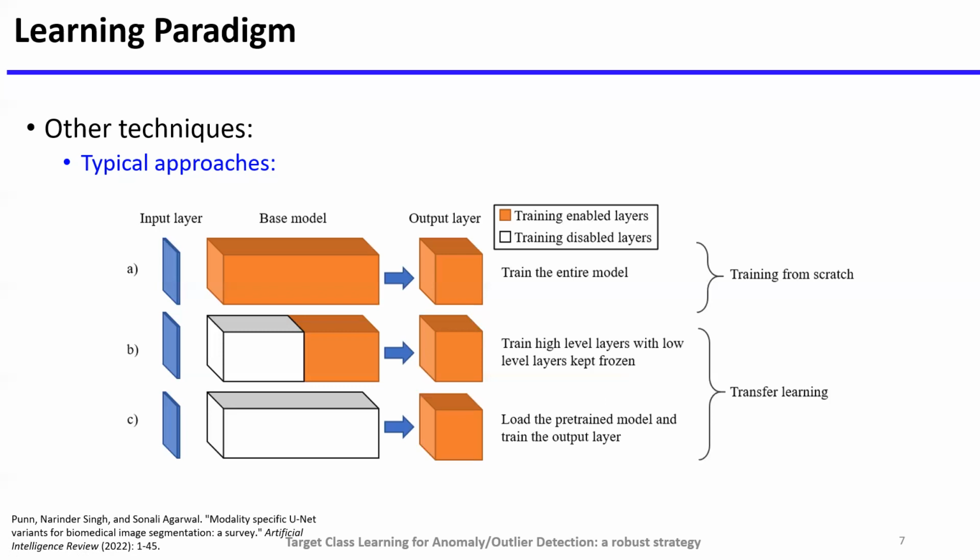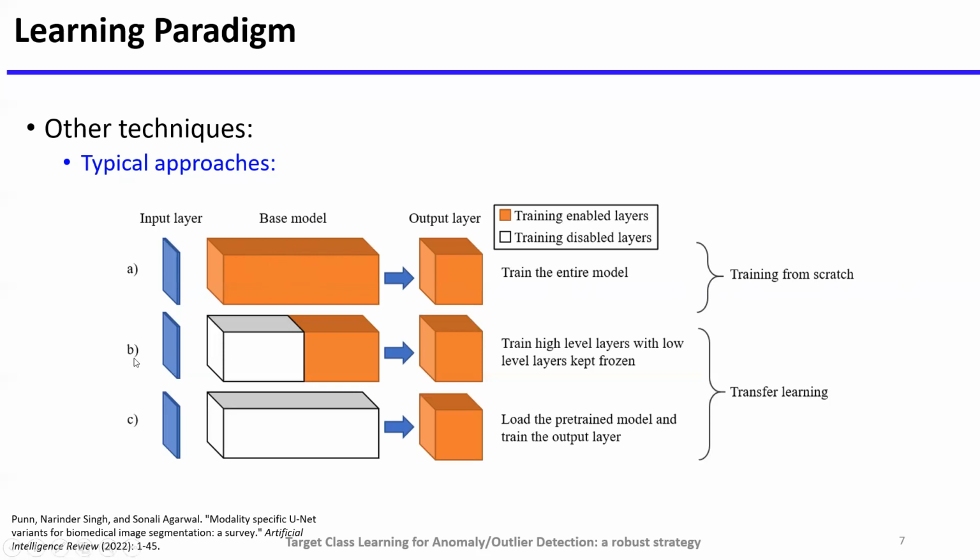knowledge through transfer learning. So basically we have these three examples here, A, B and C, you can see. In this first case we are training the entire model, which we can say is training from scratch. Okay, so this is basically your base model where we have a rigorous training.